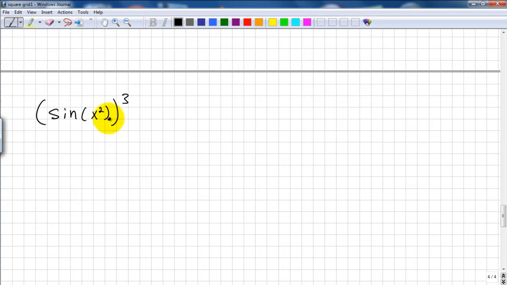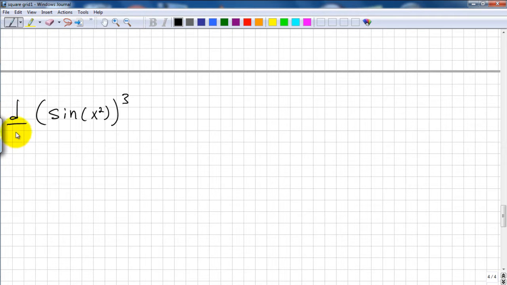So now you can see that our outermost function is to the power of 3. Then the one following that, the one inside of that one, is the sine function, and inside of sine function we have x squared. So let's see how we would handle this.